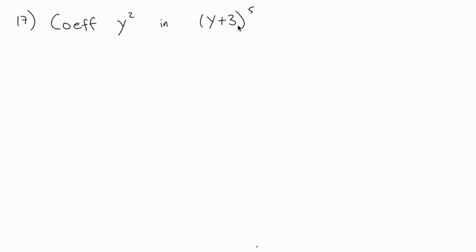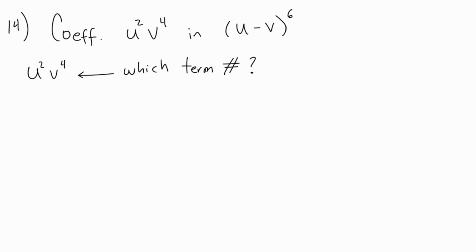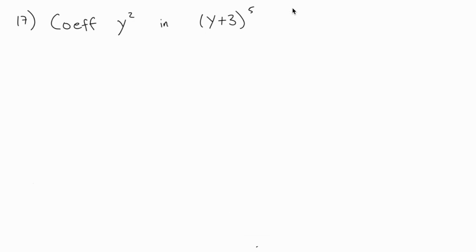I don't know if you have noticed, but these two exponents, 2 plus 4, add up to 6. Or for example, in the previous one, b to the 1, u to the 6, 1 plus 6 add up to 7. So if I am not giving you the exponent of the second term, you can use the exponent of the first term to find it.